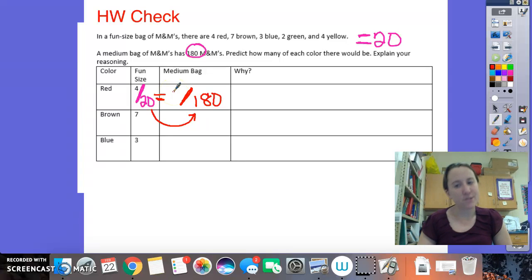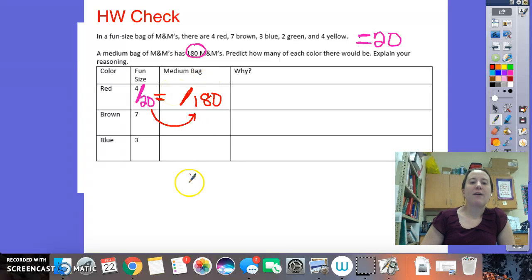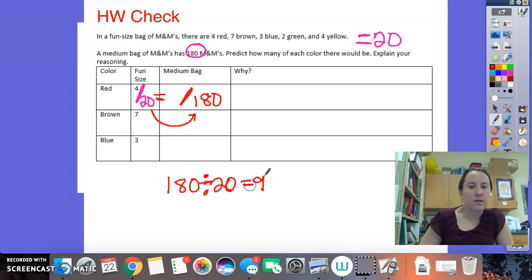If I can't do that in my head, then I work backwards. I say 180 divided by 20 is 9. Which means that there's this times 9 relationship going the other way. If these are equivalent fractions and I've multiplied my denominator by 9 to get from one to the other, then I absolutely have to do the same thing to my numerator.